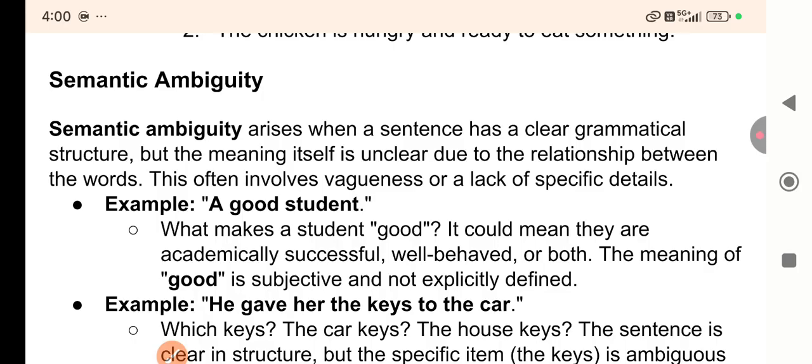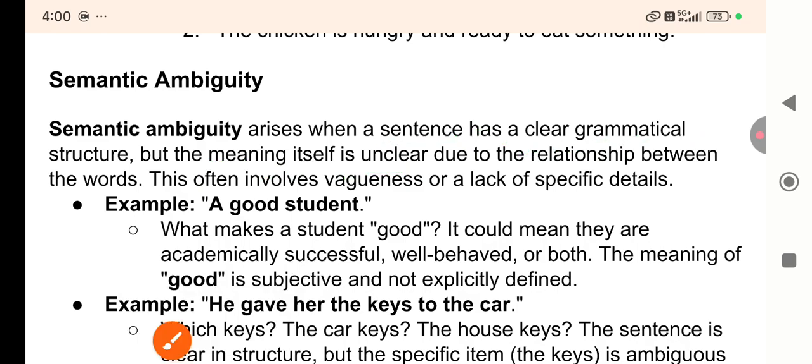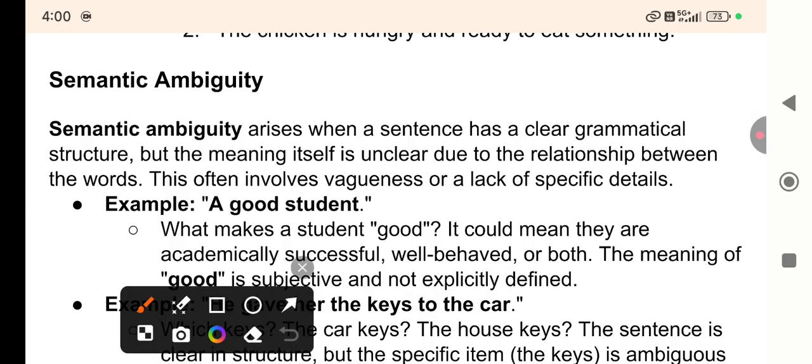Okay. Now next is semantic ambiguity. Semantic ambiguity arises when a sentence has a clear grammatical structure, but the meaning itself is unclear due to the relationship between the words. Important: due to the relationship.